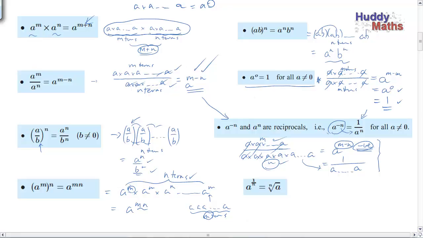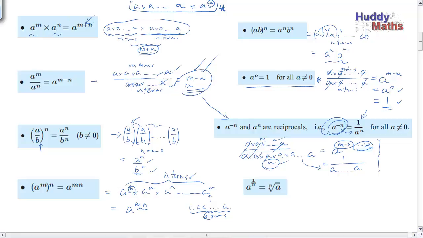And also this one. This a to the neg n is a difficult thing to interpret if you're using our definition up here, that a to the n is n lots of a all times together. You can't have a negative lots of a. So we've expanded this definition to be consistent with other maths and for the situation that came up when we did our rules.